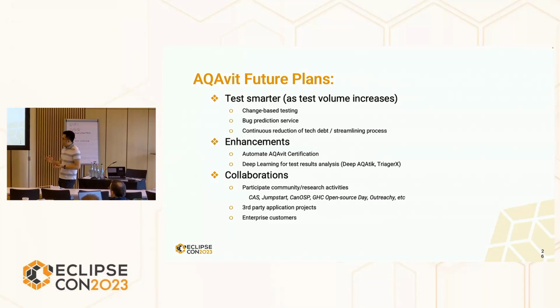We run with Quarkus, and as mentioned, we have also run with Open Liberty. And also we collaborate with enterprise customers, so it will make it easier for them to collect more information about the AQAvit certifications and do more customized changes for different requirements.